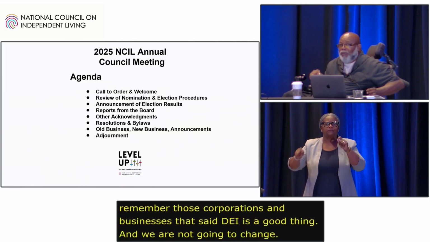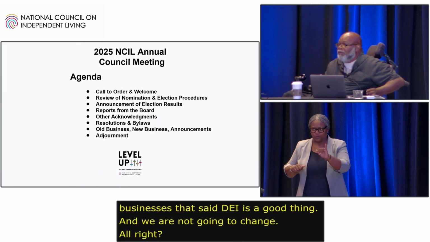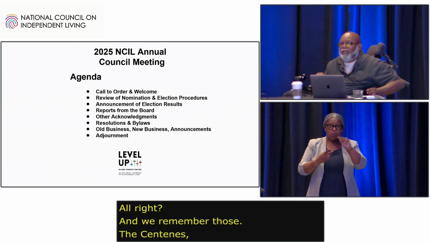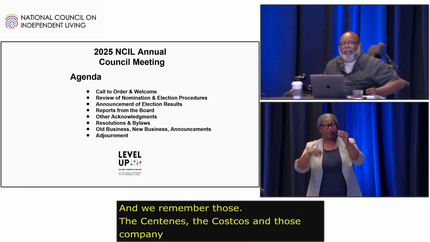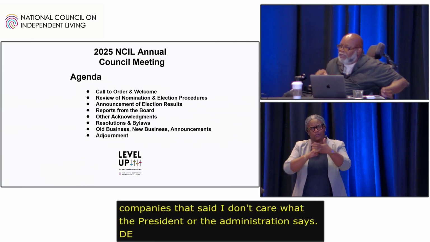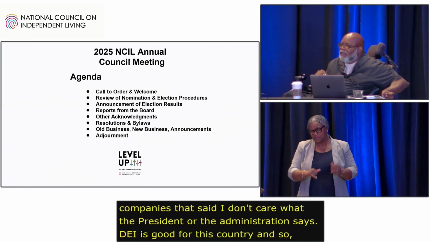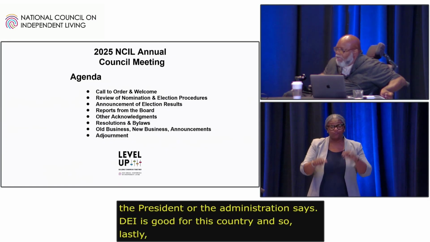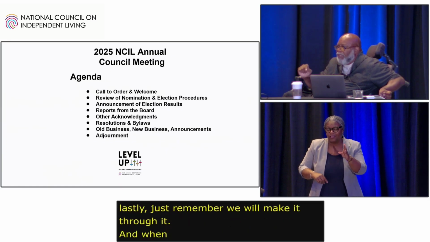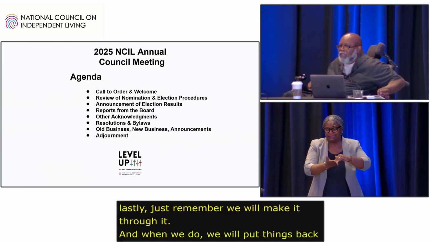And we remember those, the Centene's, the Costco's, and those companies that said, I don't care what the president or the administration say, DEI is good for this country. And so, lastly, just remember, we will make it through it, and when we do, we will put things back in place. So stick with us until we can make that happen. Thank you.